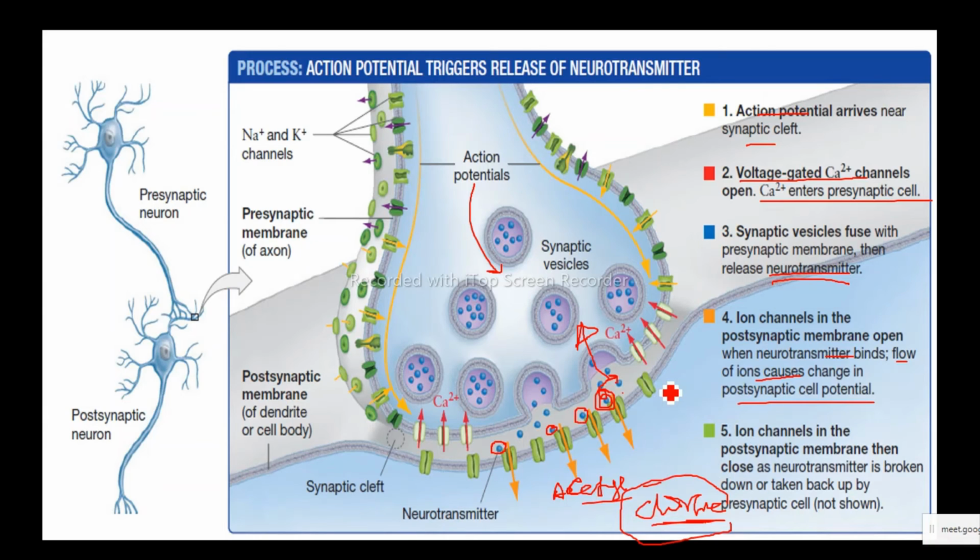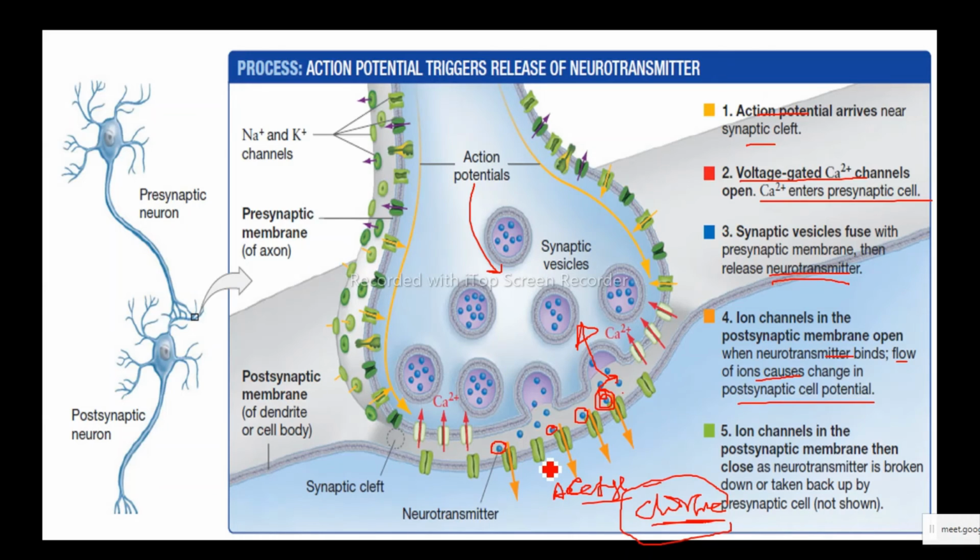They mostly target acetylcholinesterase, which is the enzyme that breaks down this acetylcholine into acetyl and choline, so that you detach it from this ligand-gated channel, so that it closes again.